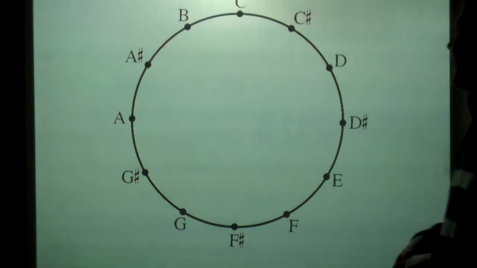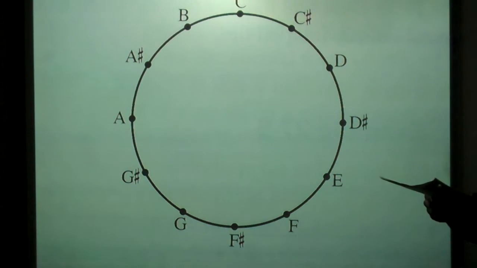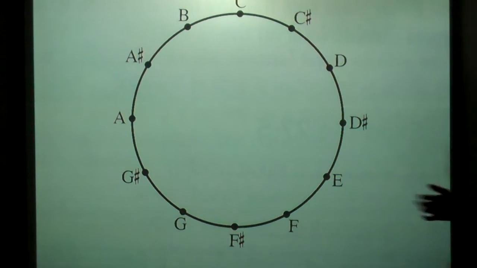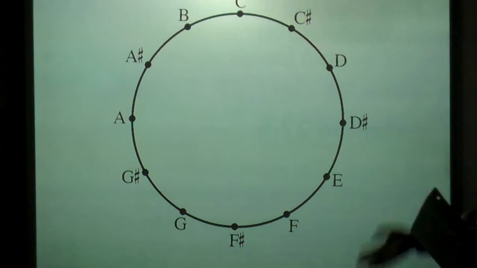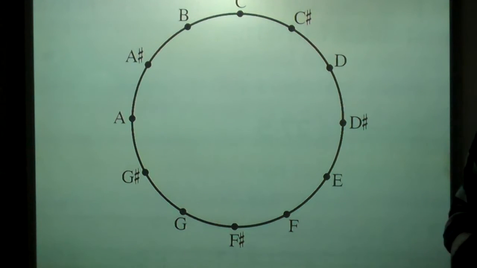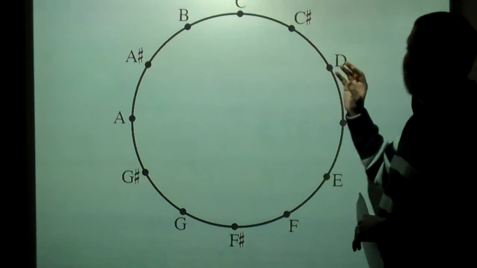Now the 12 pitch classes can be distributed around a circle, kind of like the face of a clock. And if you look in your text on the top of page 510, you'll see a circle with all the 12 pitch classes arranged around it, kind of like the face of a clock. We know that on a clock there are 12 spots.